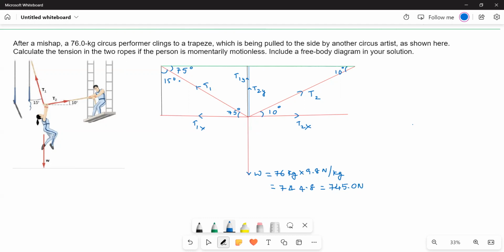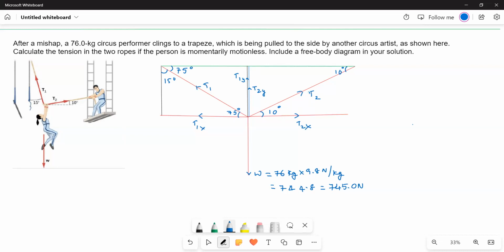Now the cables are making an angle. We have to resolve the tension into components, X component and Y component. The X component of T1 is T1x, and the Y component of T1 is T1y, acting vertically upwards. This is acting to the left side. Now resolve T2 also into two components, horizontal and vertical.